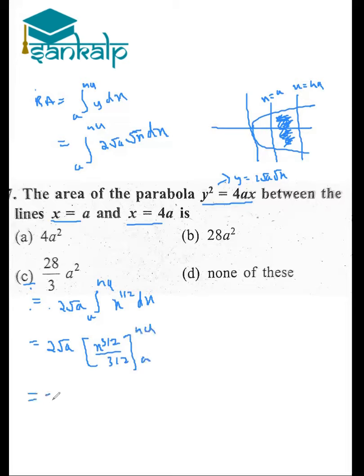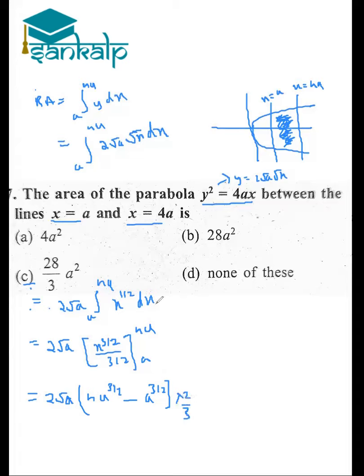Substituting the upper limit and lower limit, we get 4a raised to 3 by 2 minus a raised to 3 by 2, and this 3 by 2, if we multiply, it will be 2 by 3.